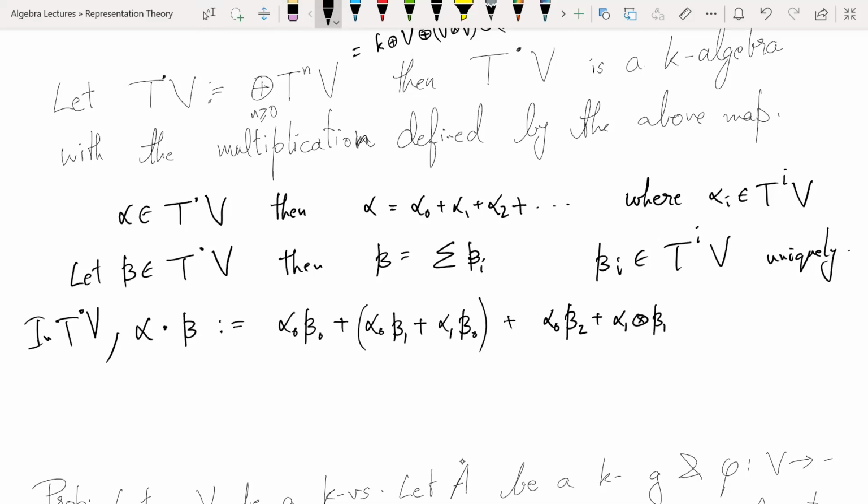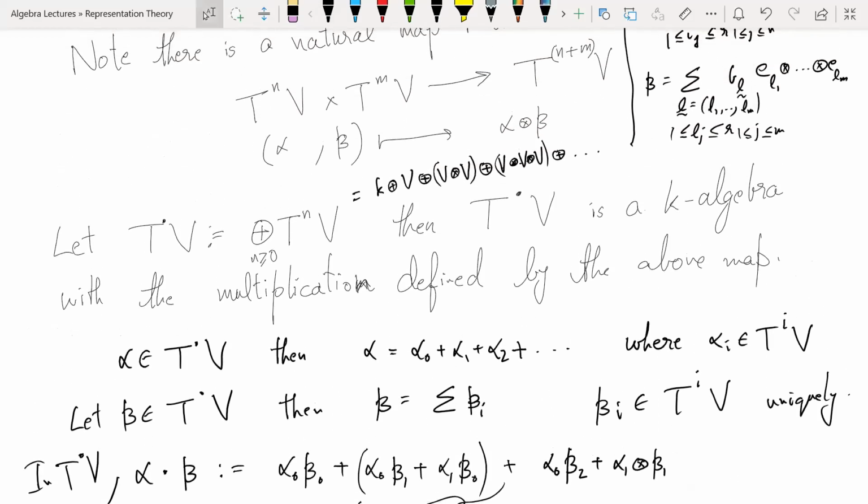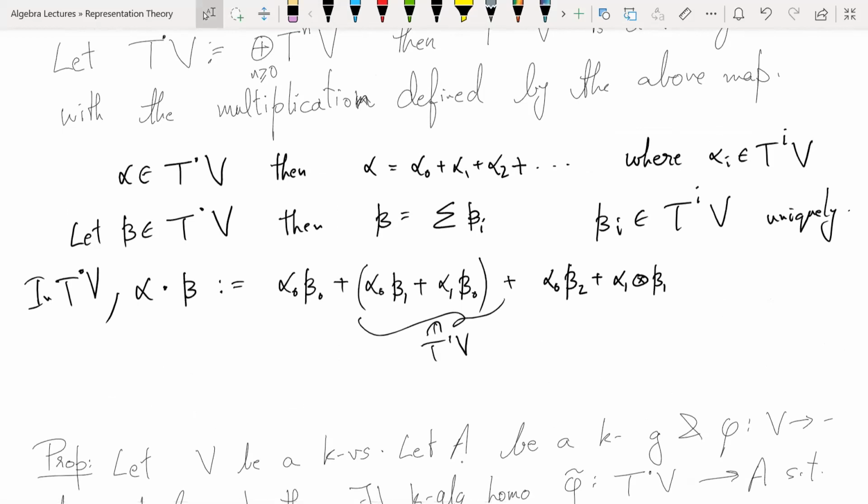So these are really tensors. Beta 2 is already in T2V. If you multiply it by an element of the field, it remains in T2V. Alpha 1 is in T1V, beta 1 is in T1V, and if you do this multiplication which we defined here, you get alpha 1 tensor beta 1, which is in T2V, and so on.